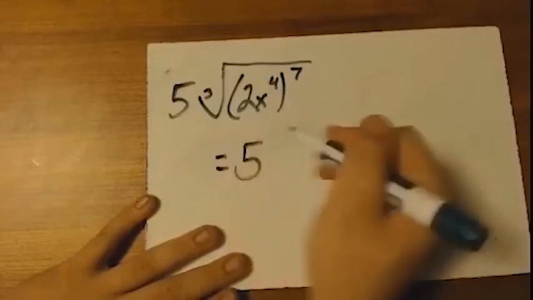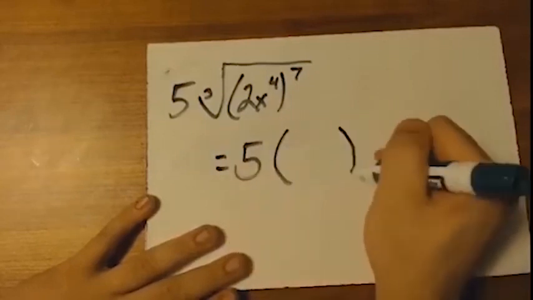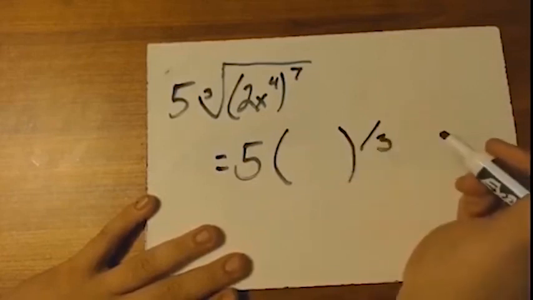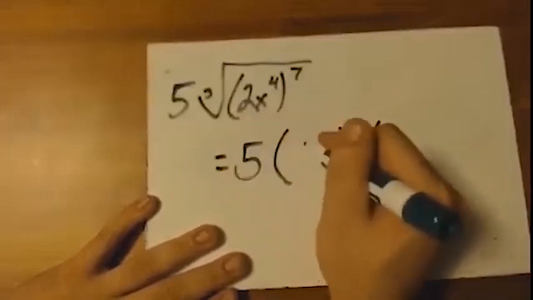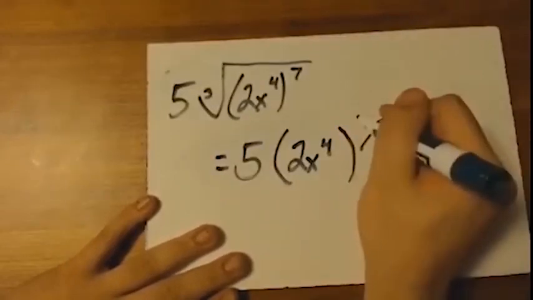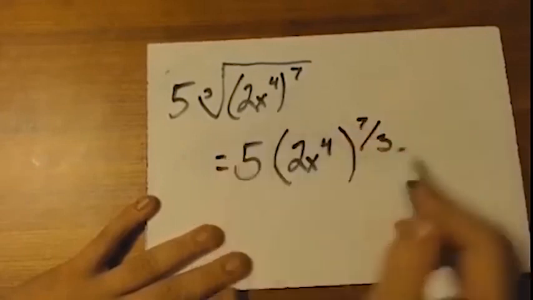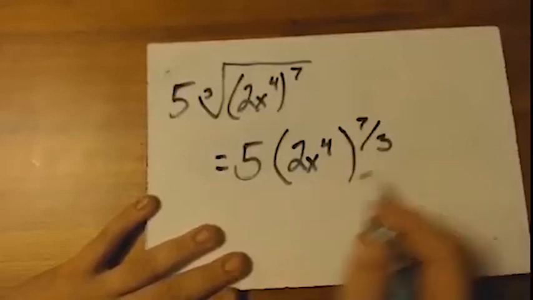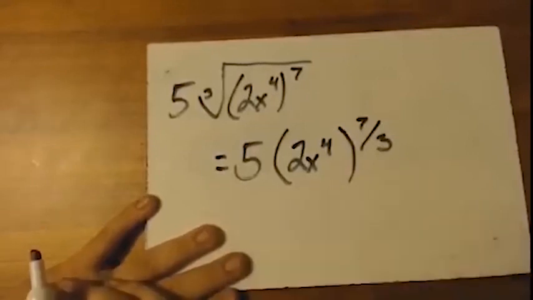So this would be 5 times something to the something 3rd power. Our base there is 2x to the 4th. Power of that base was 7. 5 times 2x to the 4th to the 7/3.